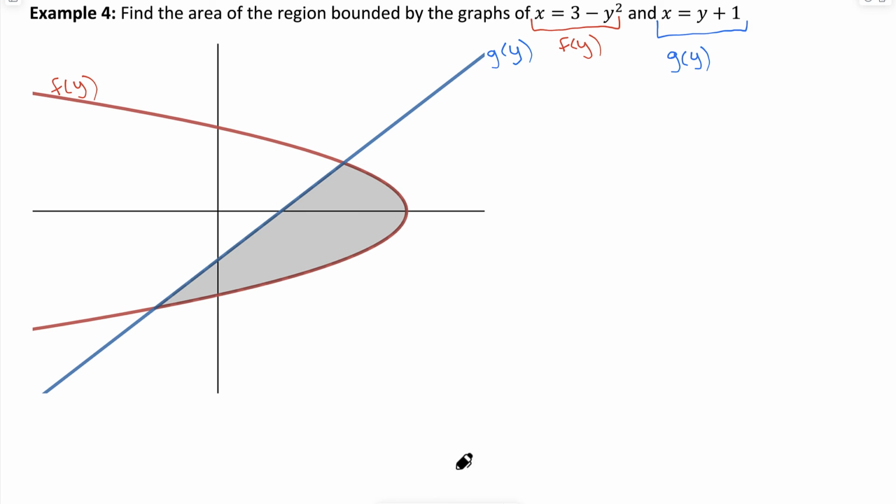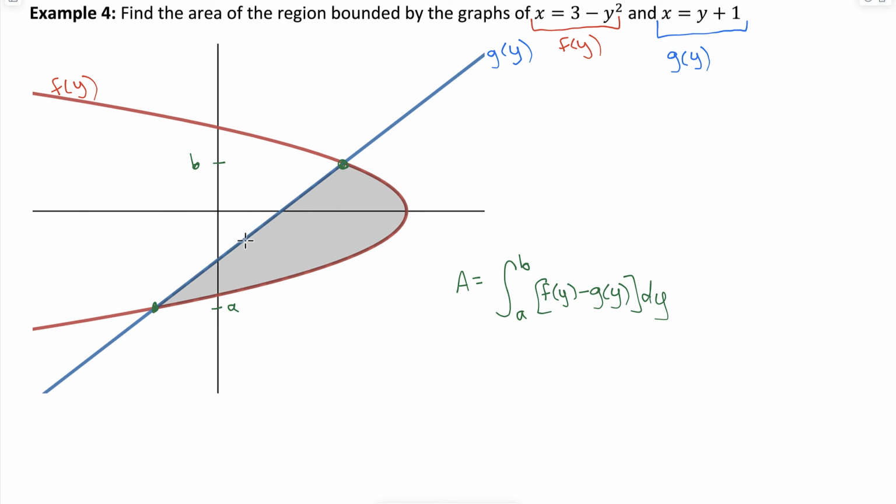If I can find the y value of this point, I'll call that a, and the y value of this point, I'll call that b. I can actually find this shaded area by doing the definite integral between a and b of f at y minus g at y dy.